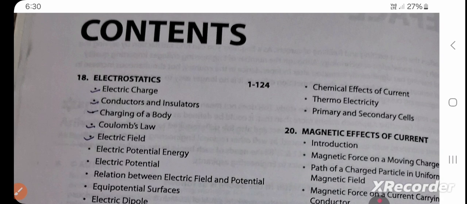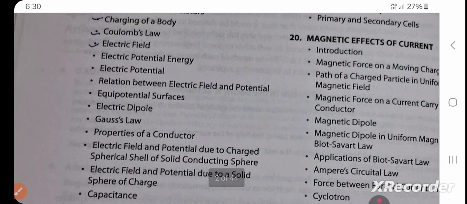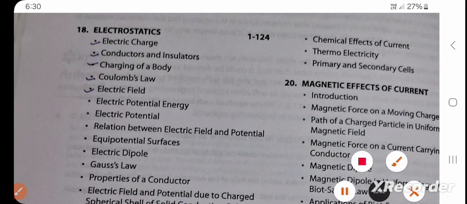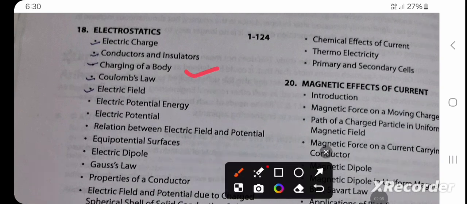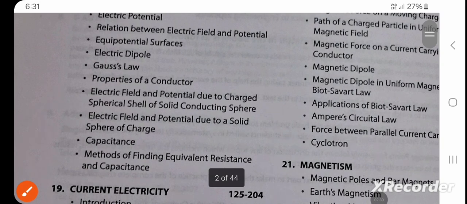The first chapter is electrostatics, which talks about electric charge, conductors, insulators, charging of a body, then Coulomb's law, electric field, potential, equipotential surfaces, electric dipoles, a little about conductors, and electric field and potential due to a charged spherical shell or solid conducting sphere.